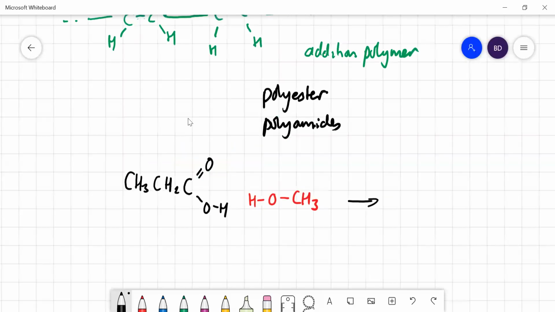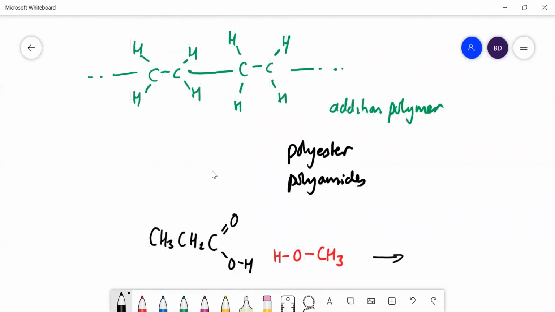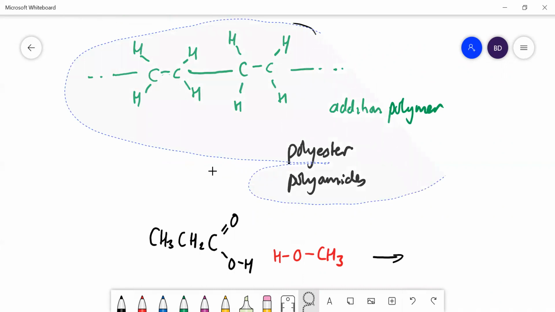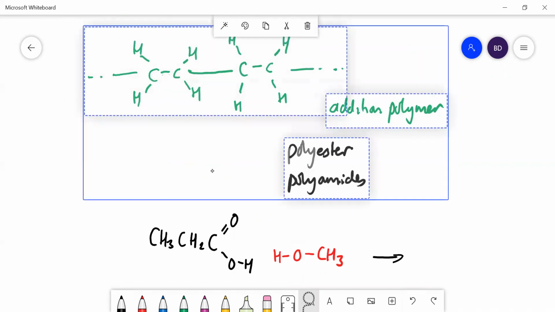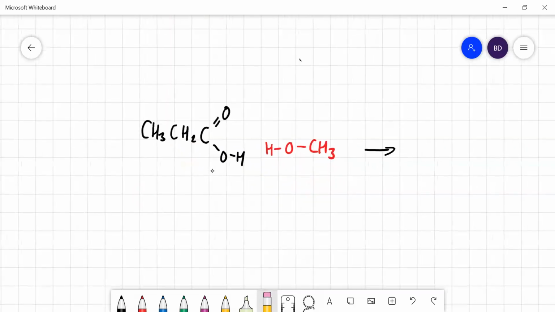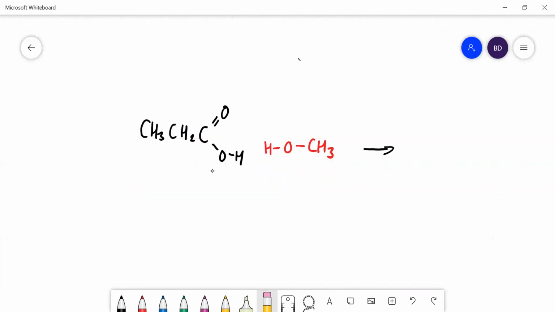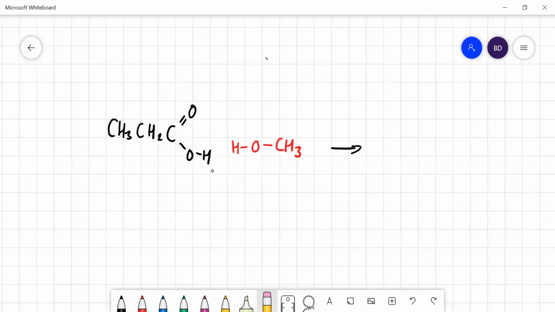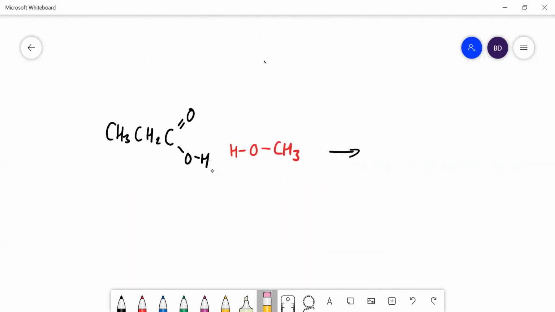Right, so here we've got an ester. Okay, so we've got an ester there. Now, when that reacts, so we've got a carboxylic acid, the black molecule, propanoic acid, and we've got methanol. And when they react, you are going to form, so you lose the water.